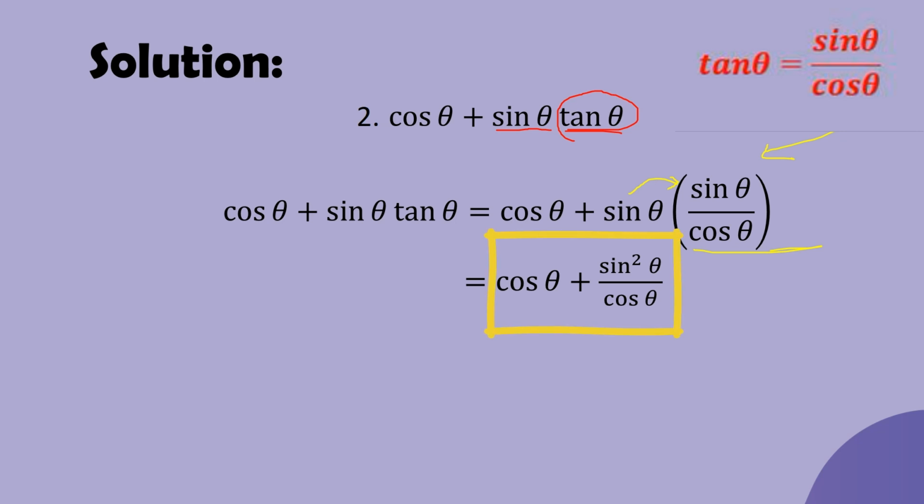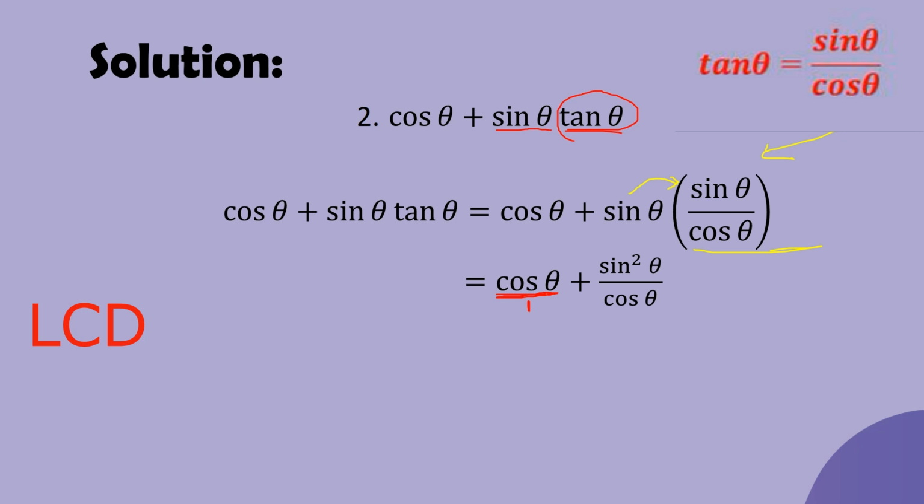Paano? Can we combine it even if walang denominator to? Yes, pwede. Remember, na kapag walang denominator na kasulat, always yan, ang denominator nito ay 1. So we can still add. Pero, hindi natin siya pwedeng i-add basta-basta. We need to find the least common denominator kasi magkaiba naman silang denominator.